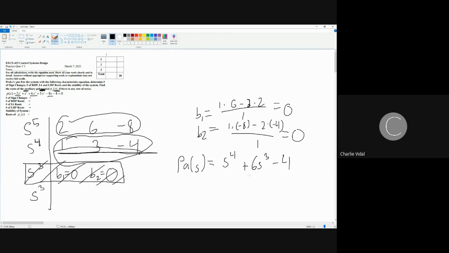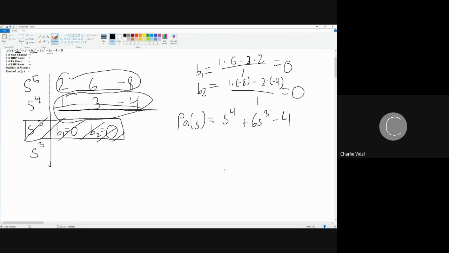All right, after you do that, you take the derivative. Okay, so let's take the derivative, PA prime of S. You can write the derivative how you want. But this is 4s cubed plus 18s squared. And if you take the derivative of negative 4, it is 0. So this is our equation.